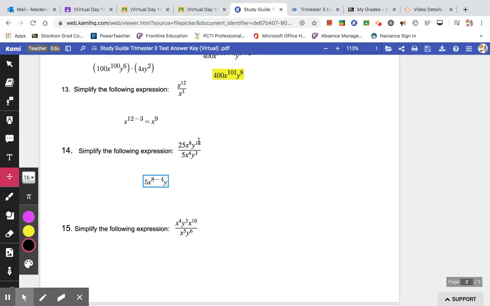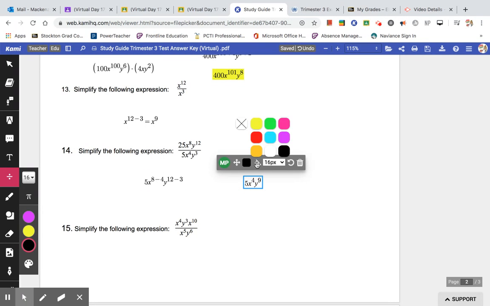Keep the y and do 12 minus 3, because those are exponents here. So our final answer when we simplify it is 5x to the 4th by doing 8 minus 4, y to the 9th by doing 12 minus 3. So this will be our final answer for number 14.